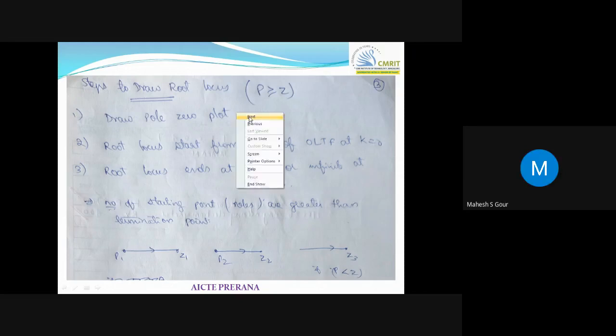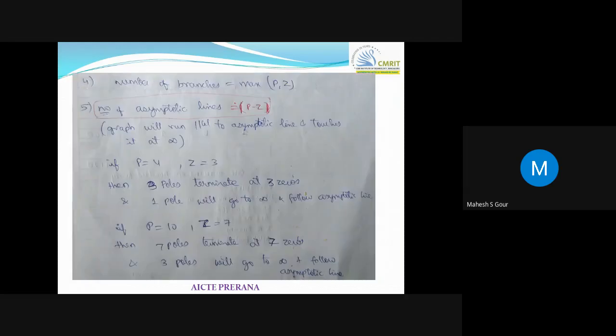Okay, listening, very good. If you have pen and paper, write down this formula. You can draw the pole-zero plot; this is correct. Asymptotic lines also, no need.